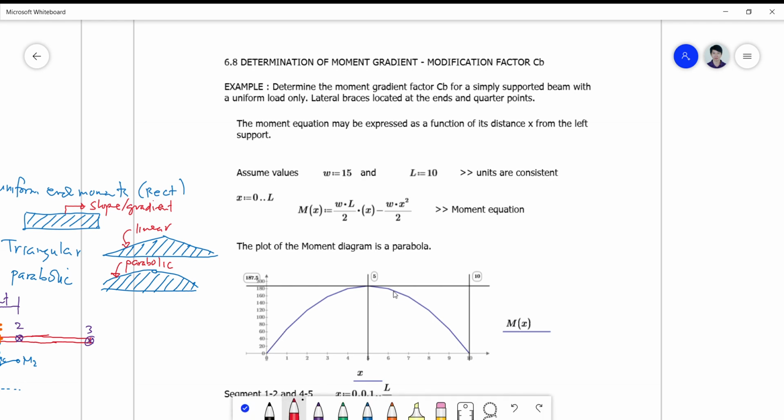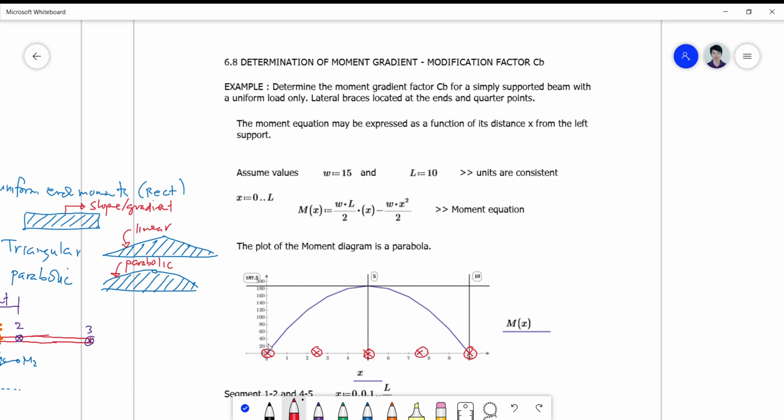The moment diagram is simply a parabolic moment diagram. And the lateral brace is at the ends and the quarter points. So the lateral bracing, if this is my moment diagram, is here at the ends and at the quarter points.